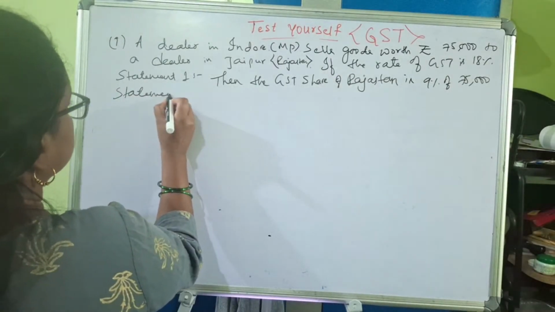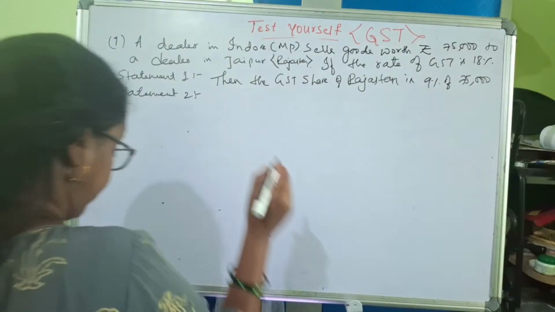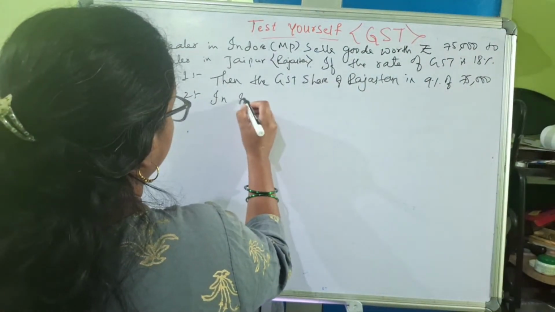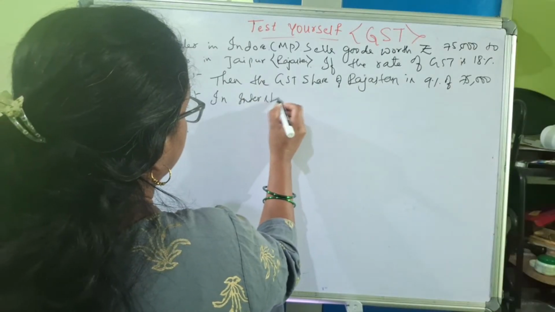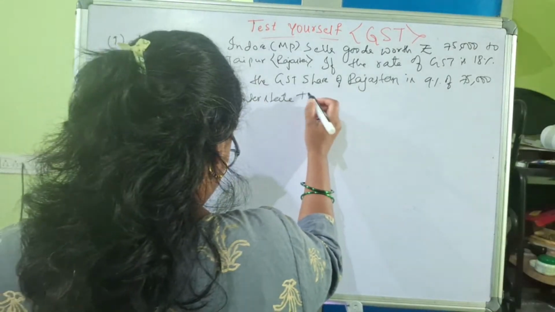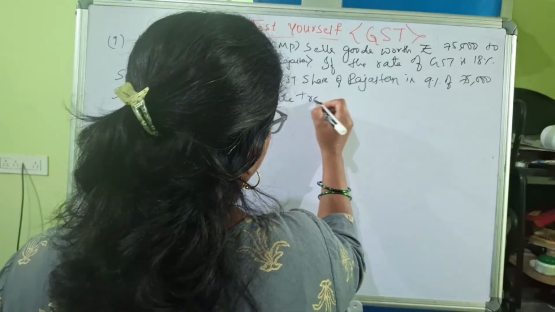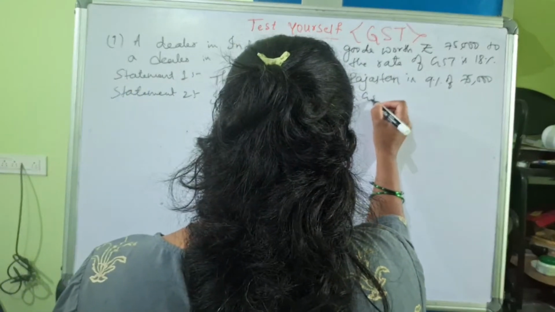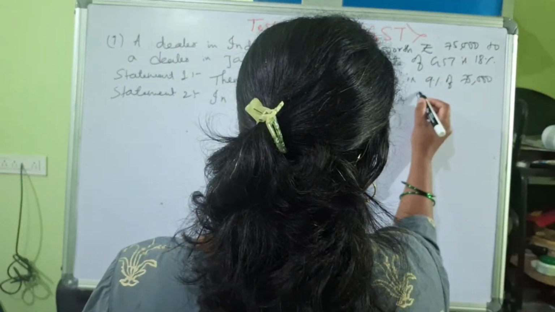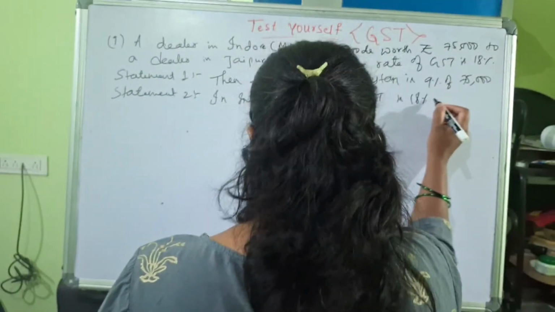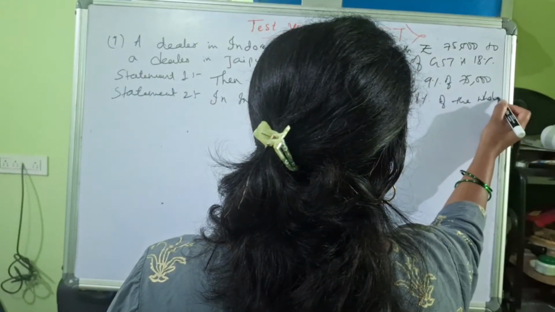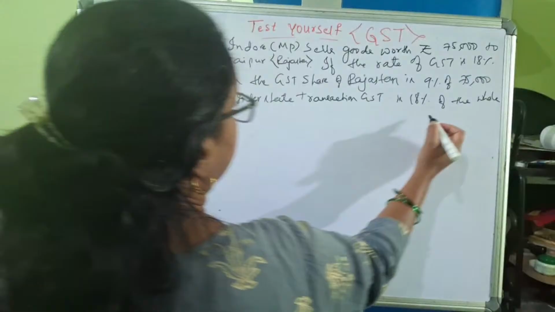Statement 2: In interstate transaction, GST is 18% of the whole transaction.